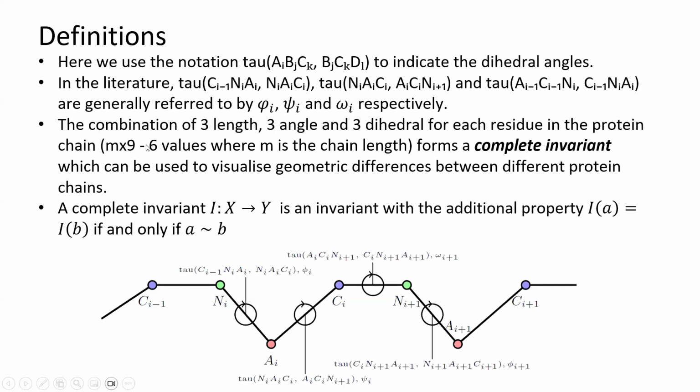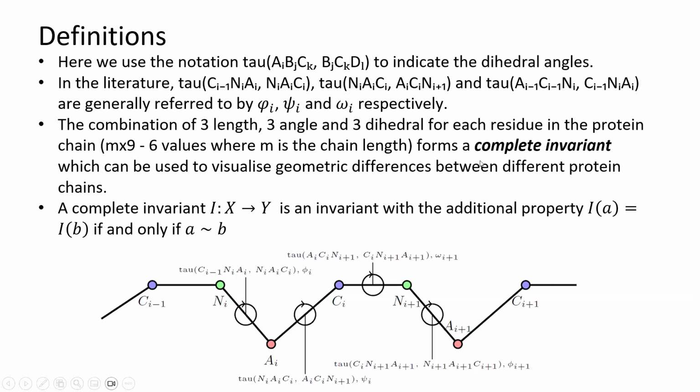Here we've got m times 9 minus 6 values, and the minus 6 is due to the fact that we don't have angles defined on the end residues, and similarly the dihedral angles are not defined near the ends on either side.